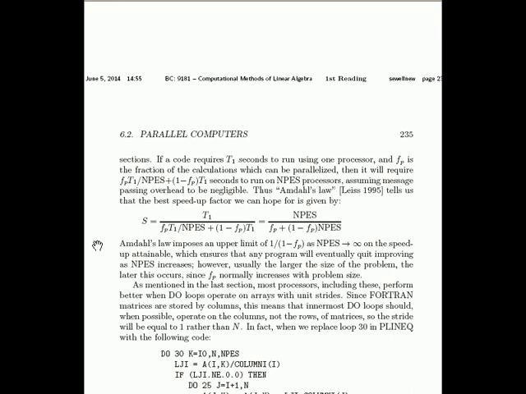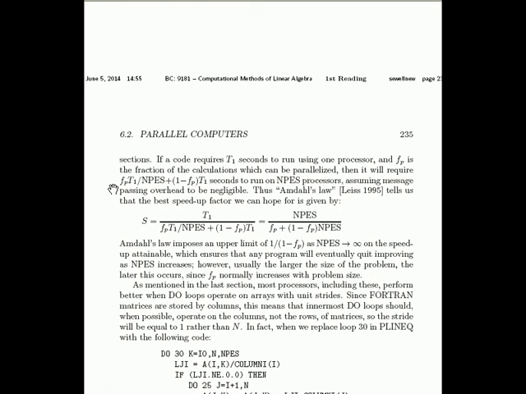Well, the reason that you reach a point of diminishing returns as you add more processors is probably mainly the communication, but it's also due to something else. Even if you had no overhead from communicating, you're still going to have a limit because not all of the code is parallelized.